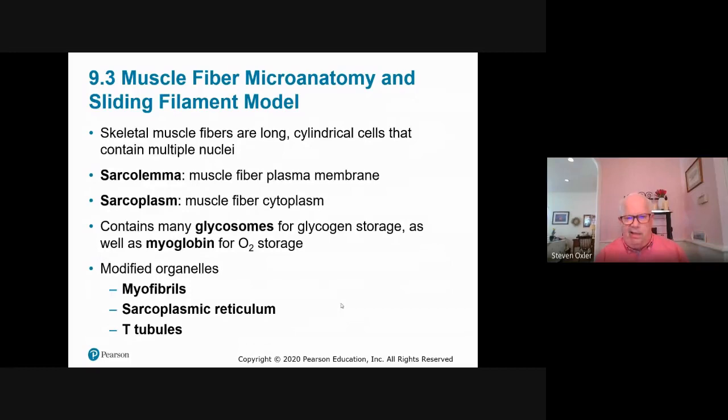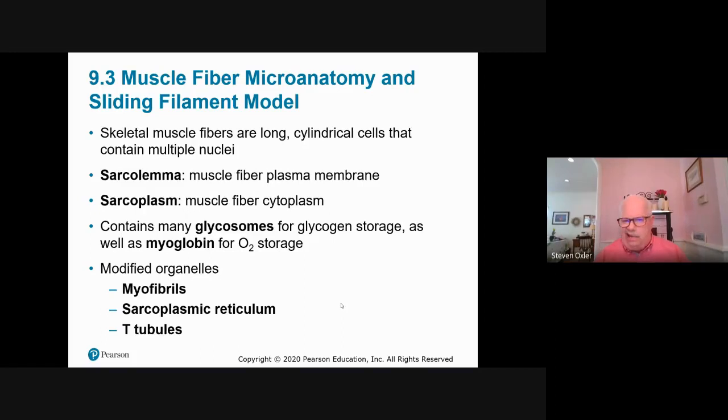Also inside muscles is a protein called myoglobin, muscle protein. And that muscle protein stores oxygen. So not only does the muscle store glycogen, it also stores oxygen.